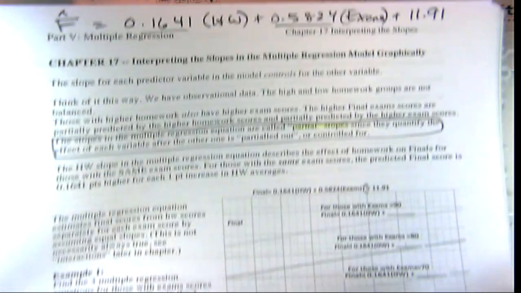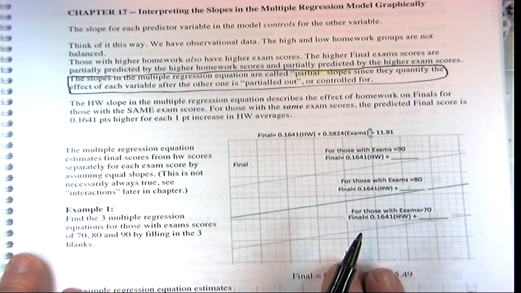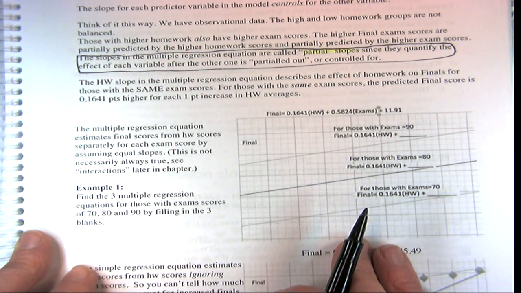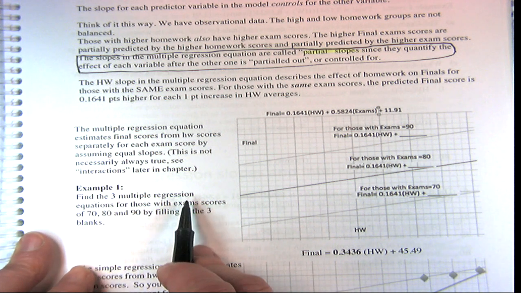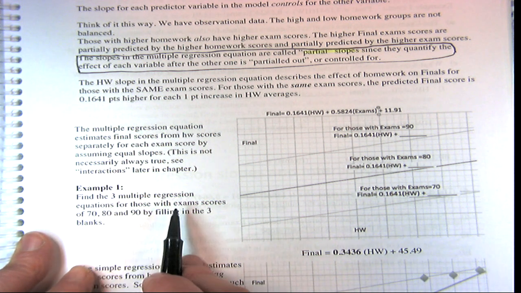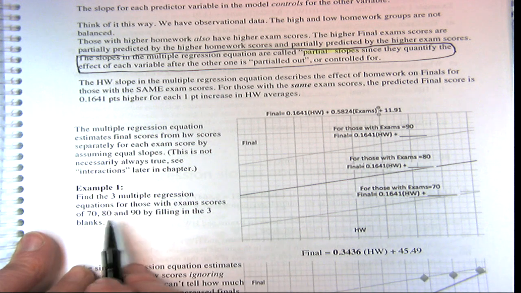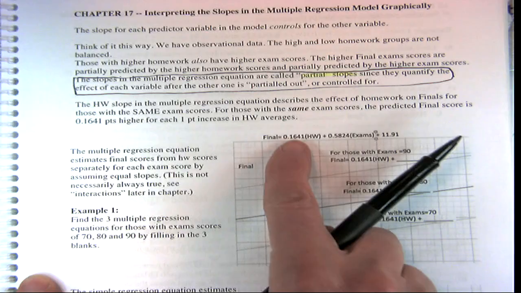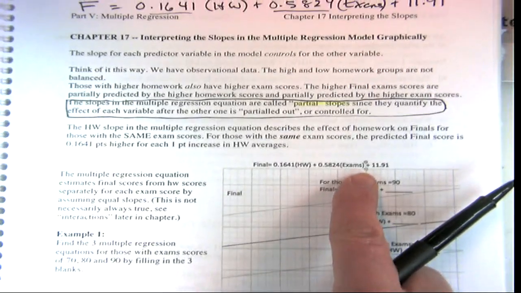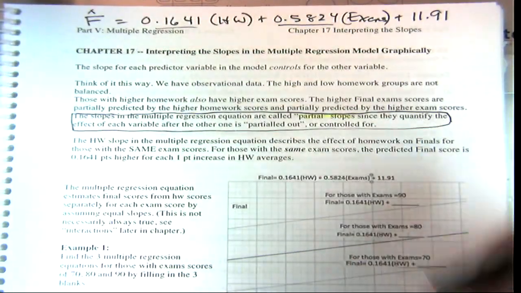All right, so let's do this example here. It says, example 1, find the 3 multiple regression equations for those with exam scores of 70, 80, and 90 by filling in these 3 blanks here. This is so small for me to see right here, but it's saying exactly the same thing as up here.